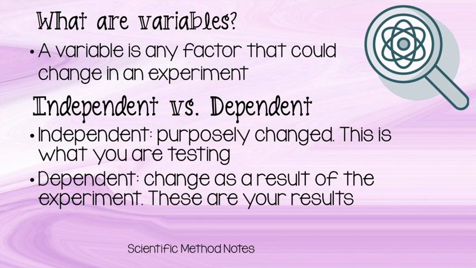The dependent variable is the variable that you expect to change as a result. So you're not actively changing it, it's changing in response to the independent variable. In this case, that would be plant growth. All other variables are considered controlled variables. You're going to keep them the same between all of your testing groups.